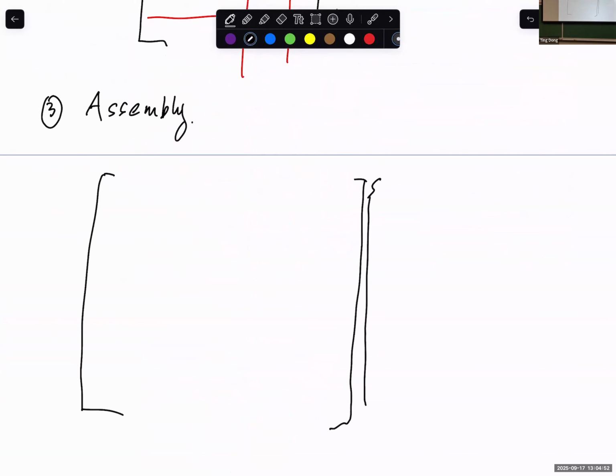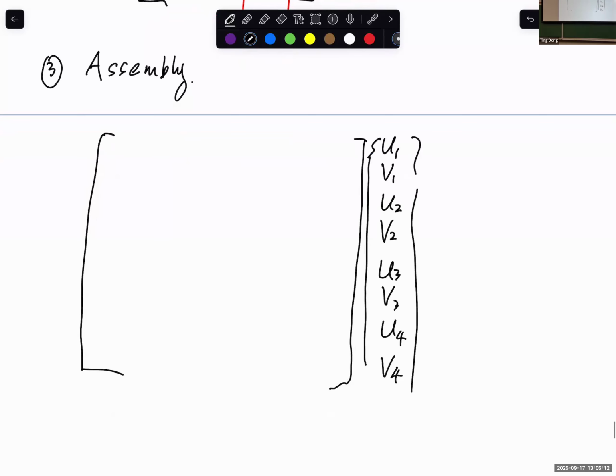So for all degrees of freedom, U1, V1, U2, V2, U3, V3, U4, V4, it should be an 8 by 8 matrix, and the common coefficient here is AE over L, of course.